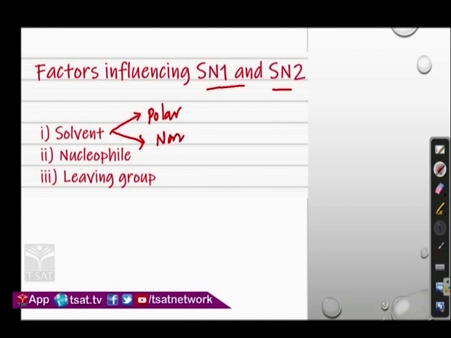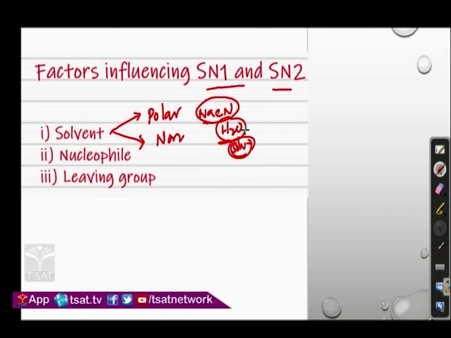What are polar solvents? Polar solvents initiate the ionization of the reagents as well as the products. If I consider NaCN in the earlier example, NaCN was the reagent, and let's say I have taken H2O as the liquid used for dissolving the starting material and the product. This H2O is the solvent, and it is polar because it can form H plus as well as OH minus.